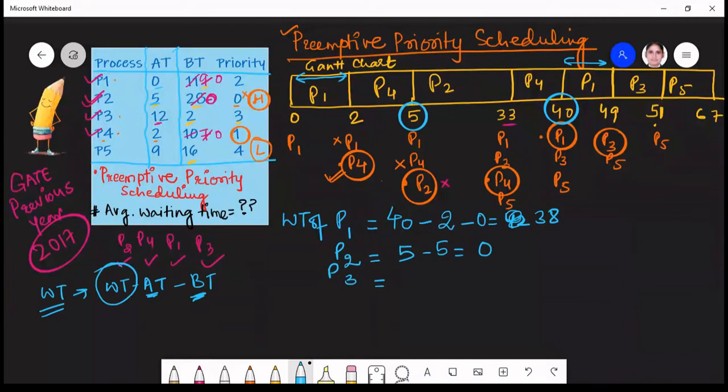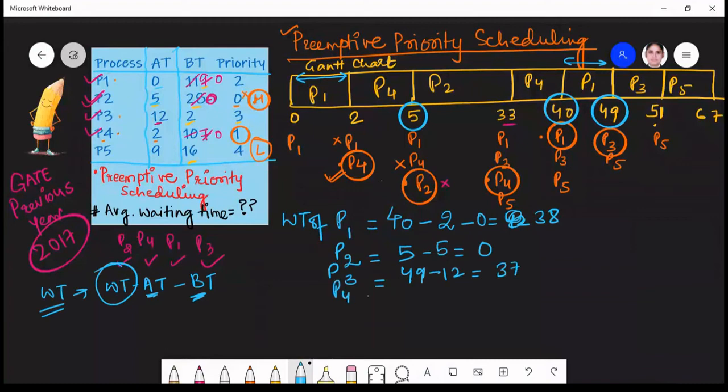P3 got its turn at 49 milliseconds, right? But when did it arrive in the system? You can see from here, it arrived at 12 milliseconds. So 49 minus 12. You just have to subtract the arrival time because in that time it had not even arrived in the system. So that is going to be 37.